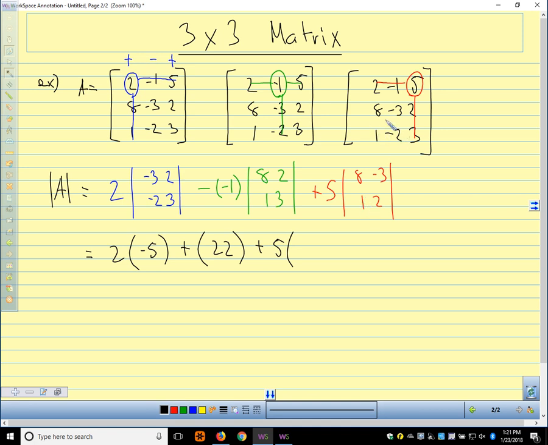Whoops, this should be a negative 2. Negative 16 minus negative 3, so negative 16 plus 3, negative 13. And then I do this arithmetic. Negative 10 plus 22 minus 65, and I get negative 53.